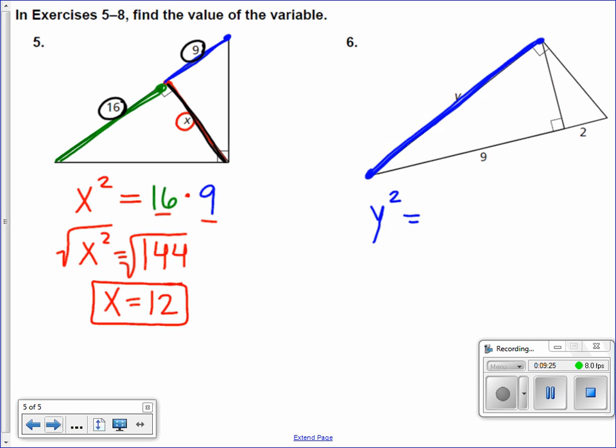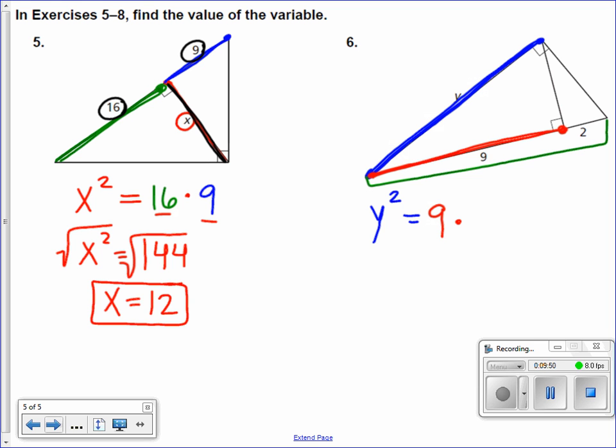Now, it's not 9 times 2 that it's equal to. No, not 9 times 2. It's the side that it touches. So 9 times, not 2, but times the whole thing.